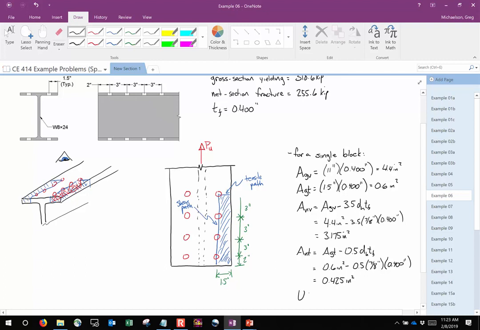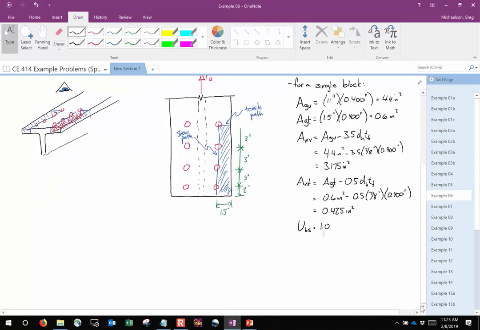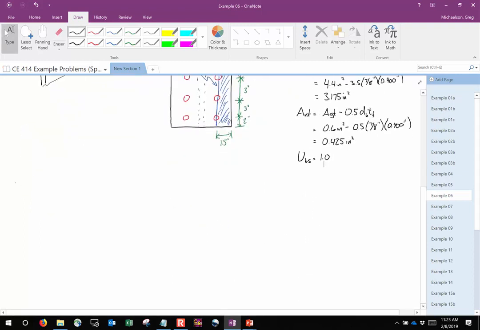And then don't forget, our UBS is 1.0. Everybody okay with this? So if you're okay with this, here's how we'll go about this. So block shear, getting ahead of myself.